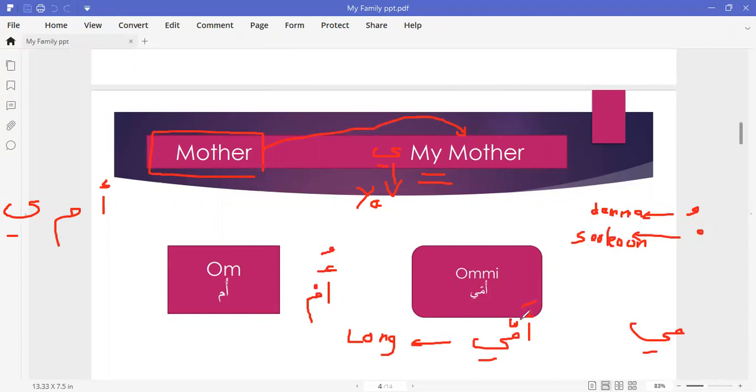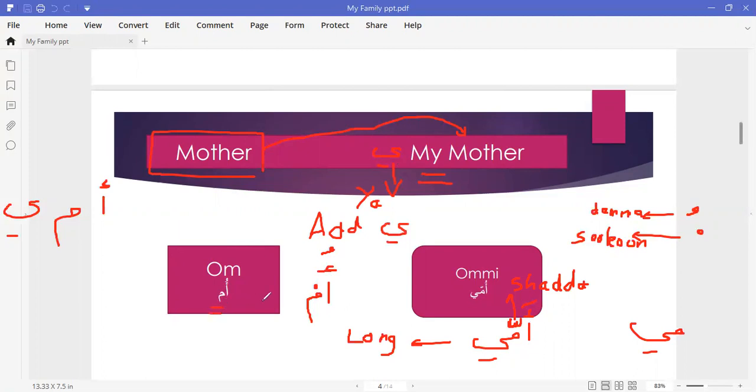And this, we call it shadda. We stress on the letter with shadda. So mother is umm, and my mother is ummi. Look what I did to change into ummi. To change mother into my mother, I added ya. But what do we do here, guys? This is ma, okay?